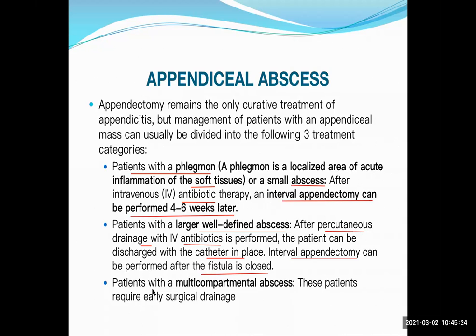Now the third situation, a patient with a multi-compartmental abscess, what should we do? This patient requires early surgical drainage because there are many compartments. We need to break those compartments and make that into a single abscess cavity, drain that, and again you can go for interval appendectomy later on.